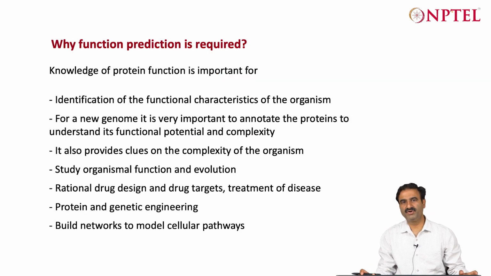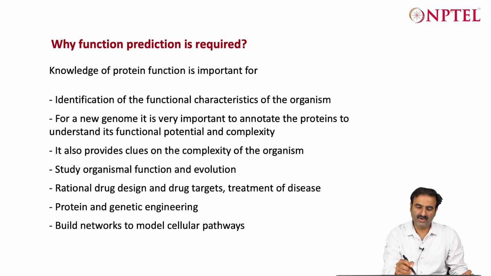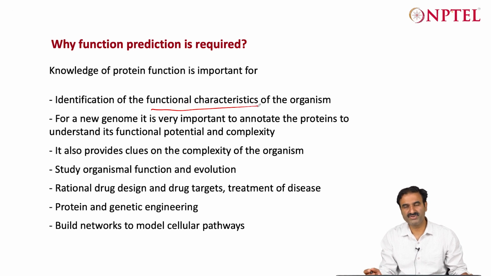Why should we do the functional annotation of proteins? Because proteins do all the major functional tasks in an organism, and they also determine the complexity of the organism. They are important to understand the functional characteristics of an organism, and for a new genome it is particularly important, because there would be some set of proteins that are orthologous, or also present in other species.